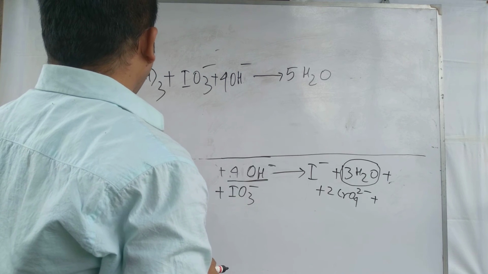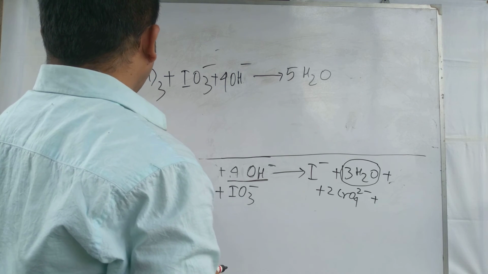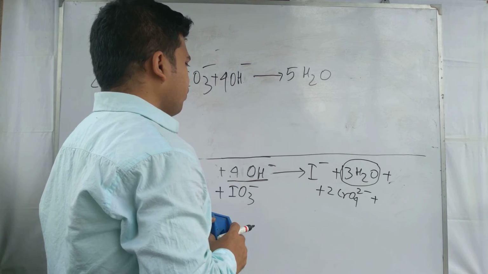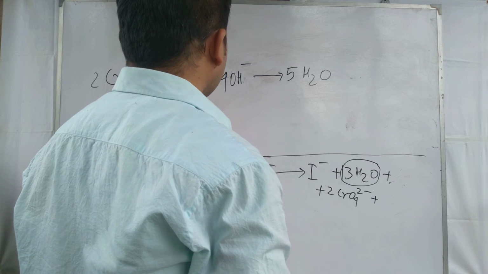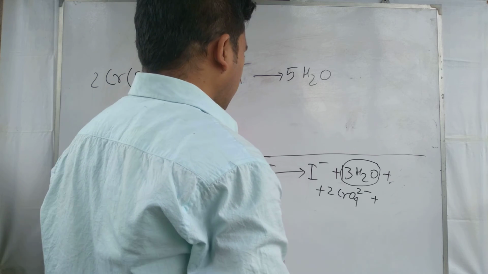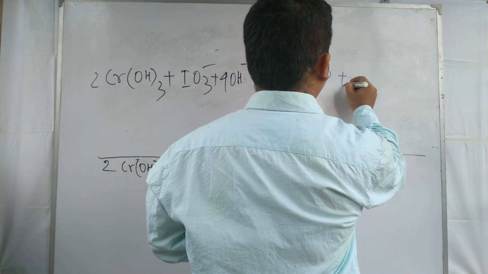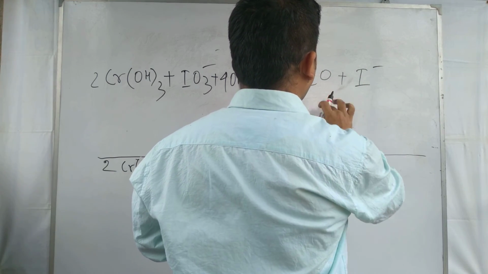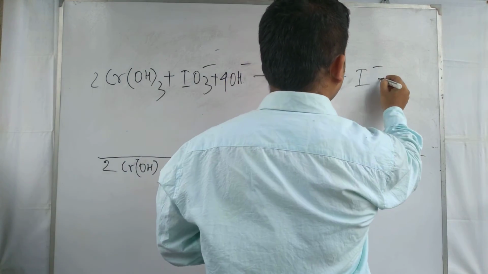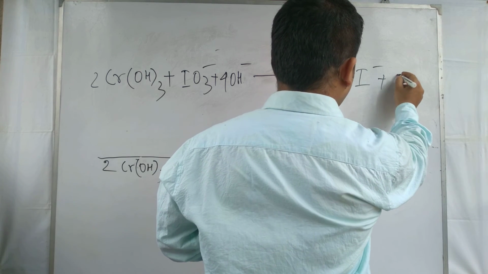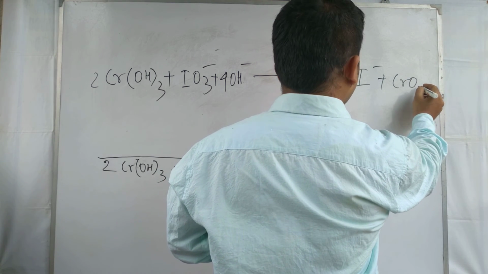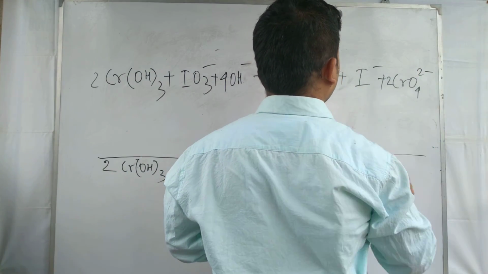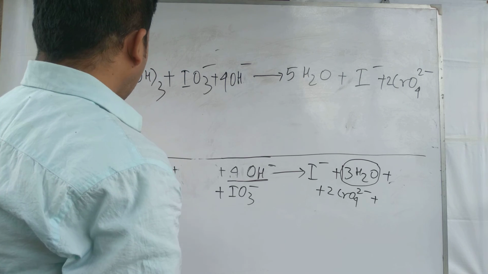So the net equation is 2 Cr(OH)3, then iodate, then 4 OH minus, and 5 H2O, then I minus, iodide ion, and CrO4 2 minus. Let's check once more.